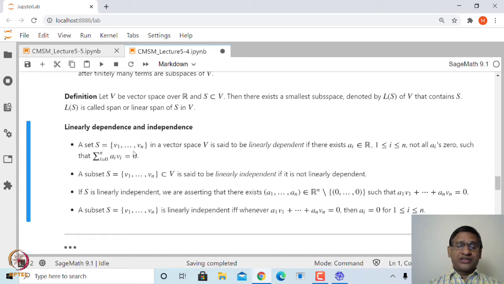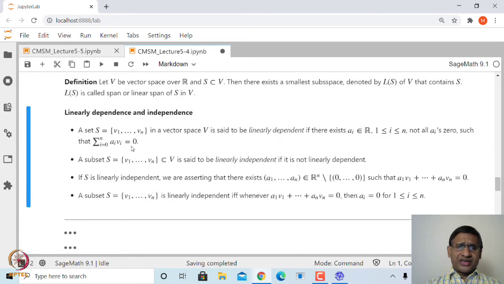Of course, if I take everything 0, this linear combination will be 0 for any vectors, but that is not what we are saying. We are saying that there exist scalars a1 to an, not all 0, at least one of them non-zero, such that this linear combination is 0.